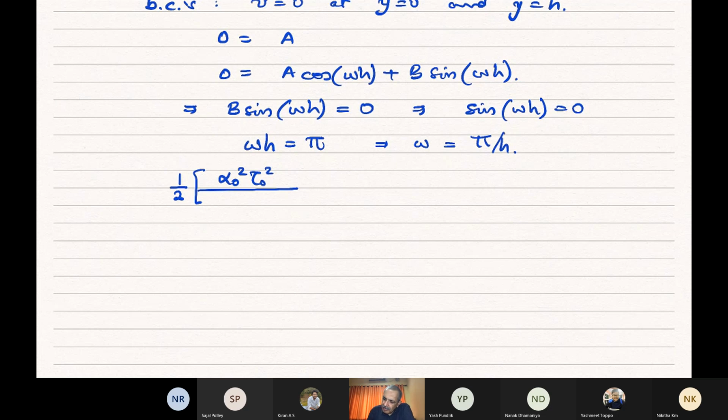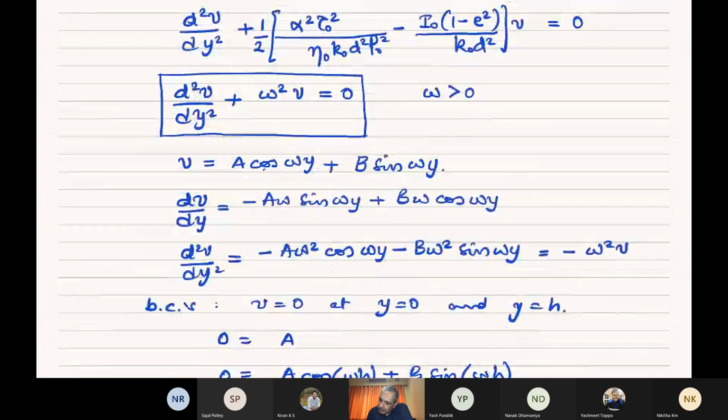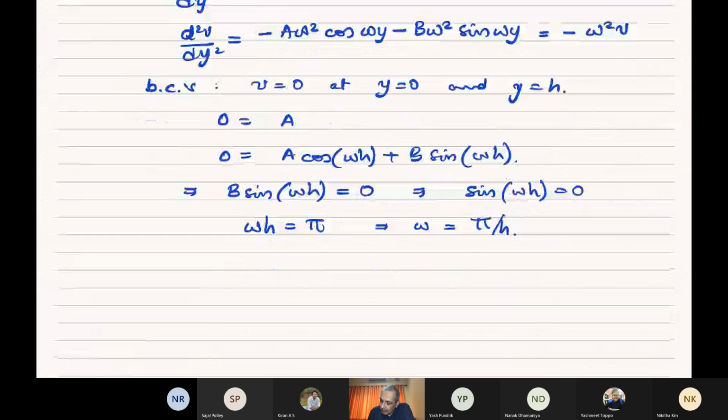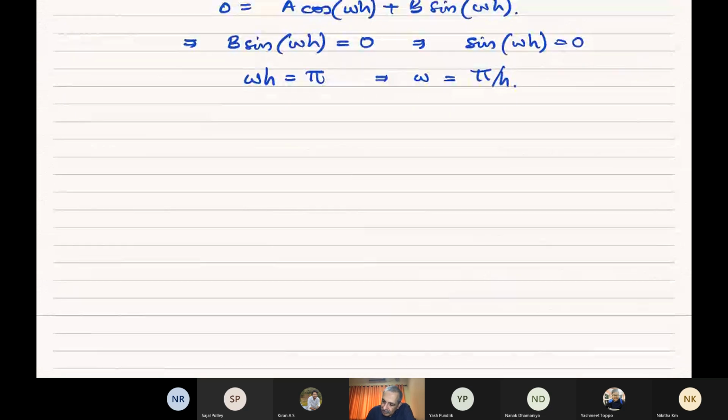So I'm going to write it in a slightly different way. If you see over here, we have d squared is common, so I'm going to take that out. And I guess k0 is also common, so I can take that out. So then this actually gives us 1, I'm writing down omega squared. So 1 by 2 k0. Oh no, I'll leave k0 in there. Anyway, it doesn't matter.